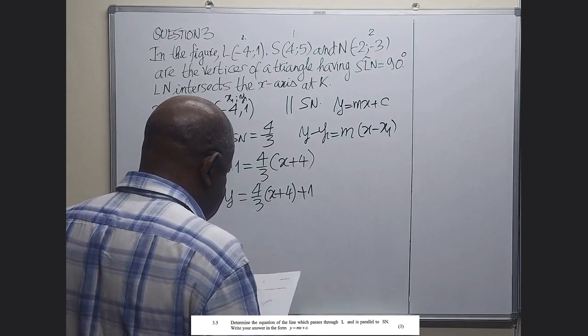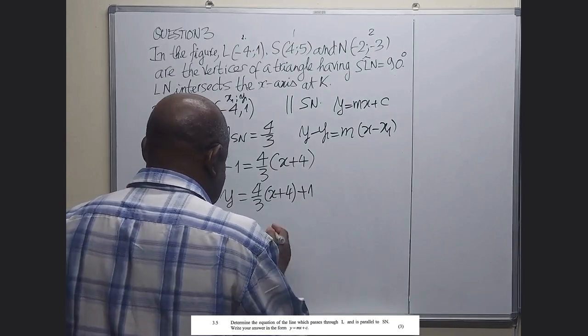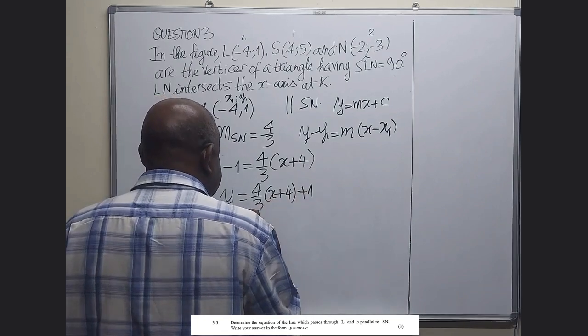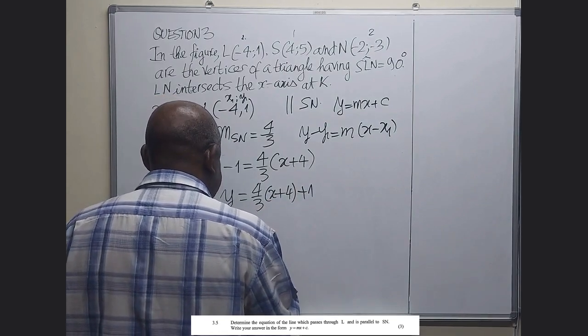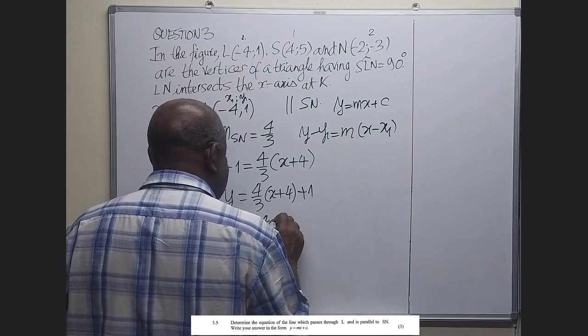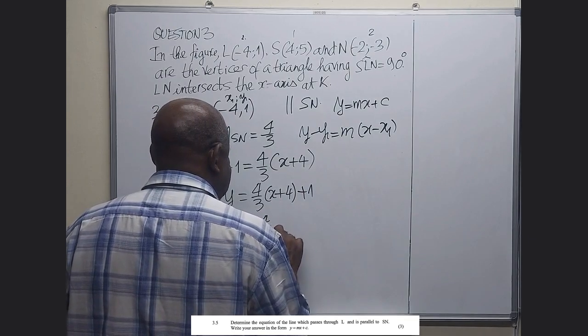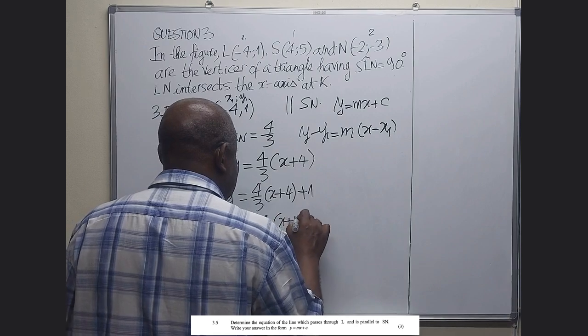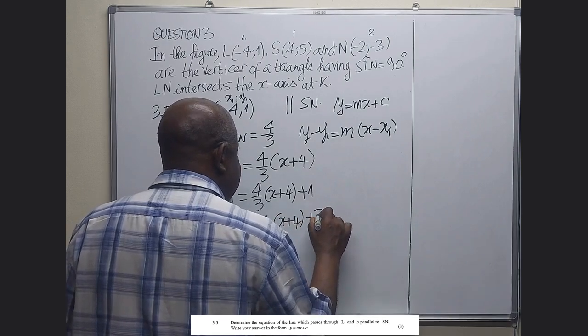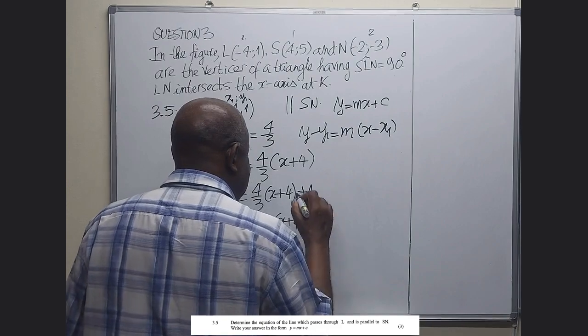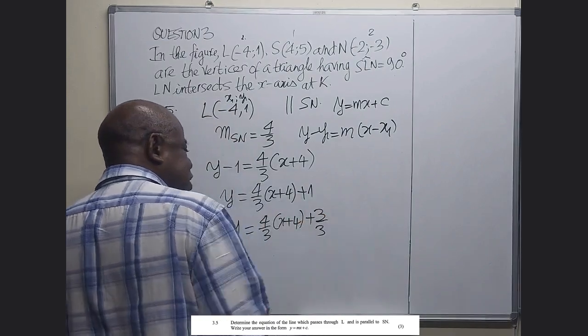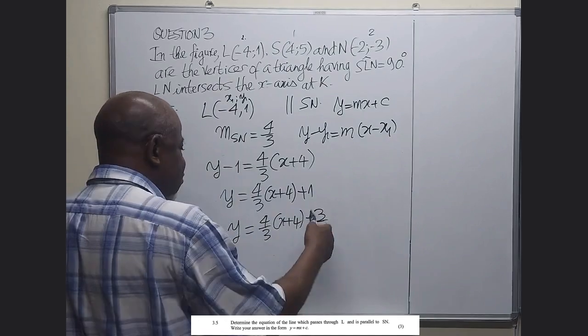So let's consider 3 to be the common denominator. So we're going to have 4 over 3 x plus 4, and here is going to be 3 over 3. We multiply 3 times 1, 3 over 3 will get 1.